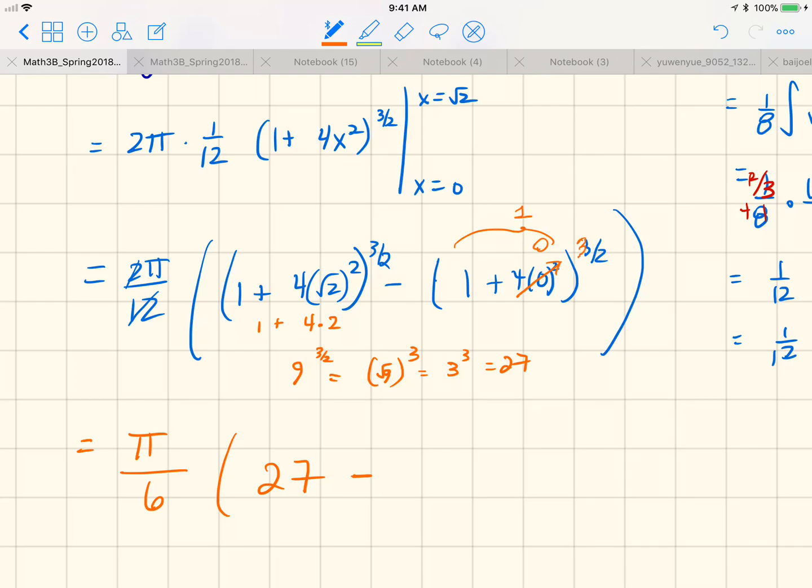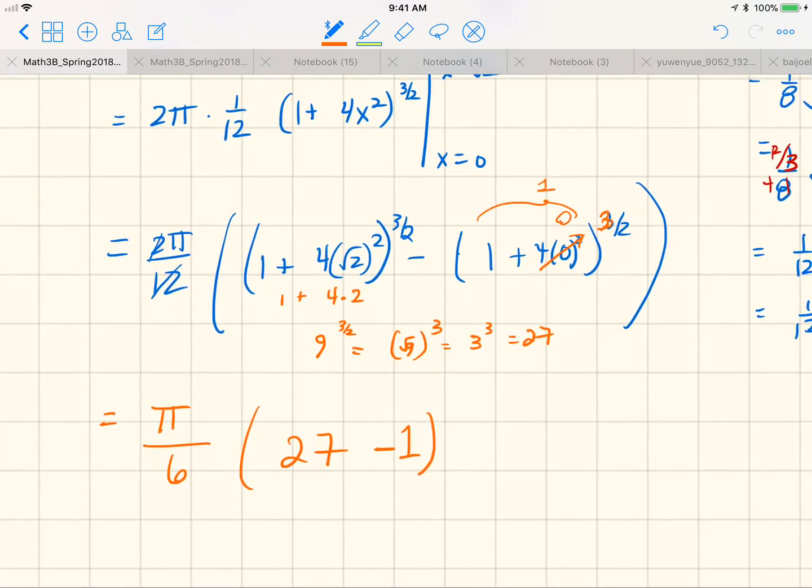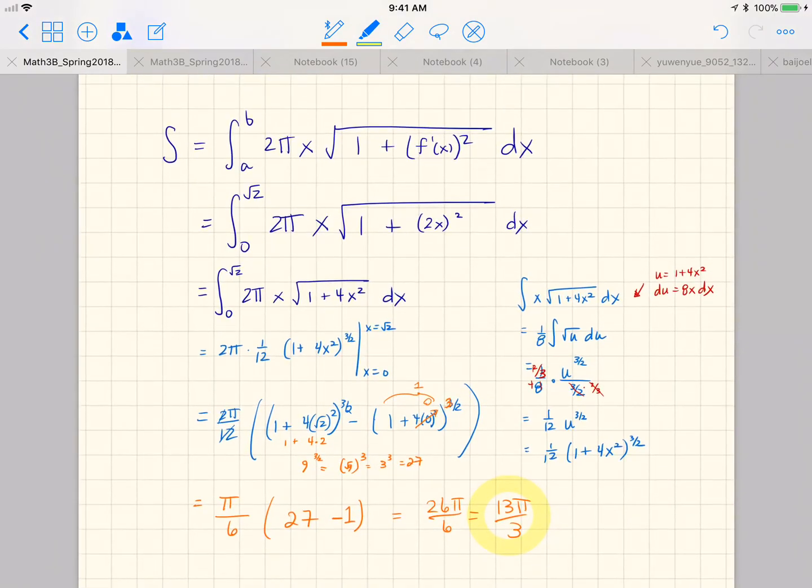When I take the square root of 1 I'll get 1, and when I cube it I'll get 1, so it should just be minus 1. So I'll get 26 pi over 6, which is 13 pi over 3. And so that is my final answer.